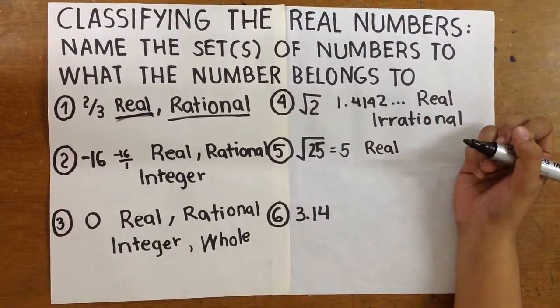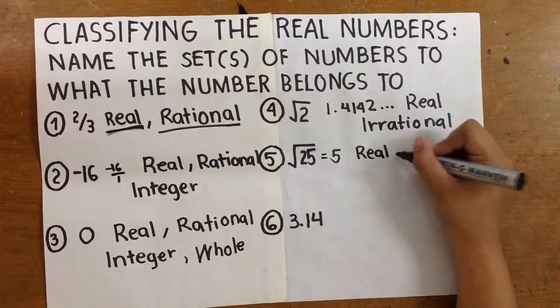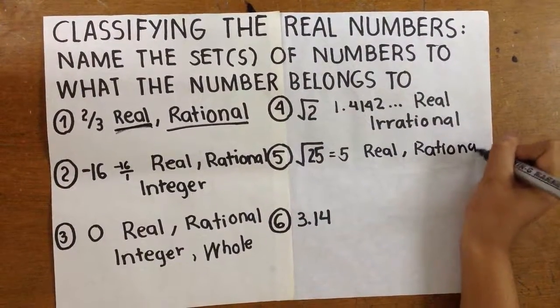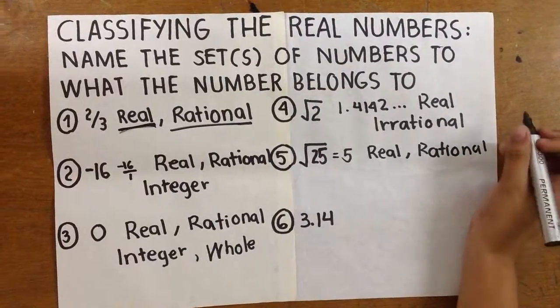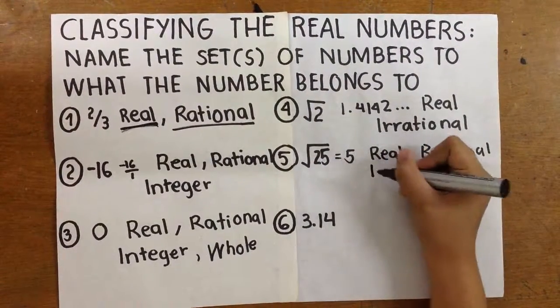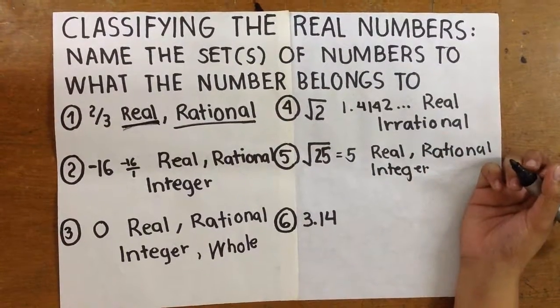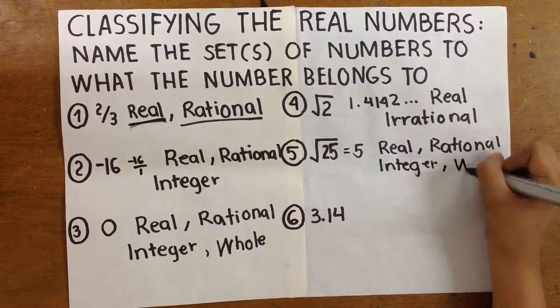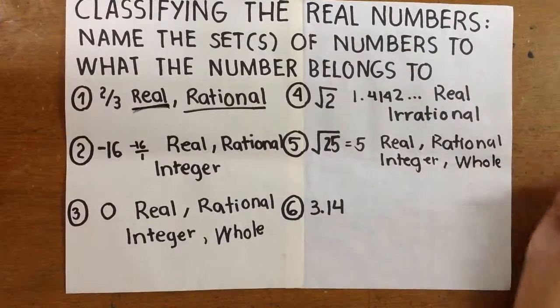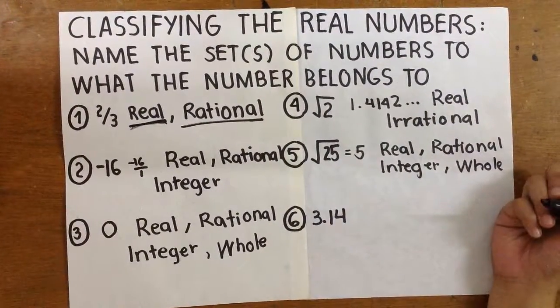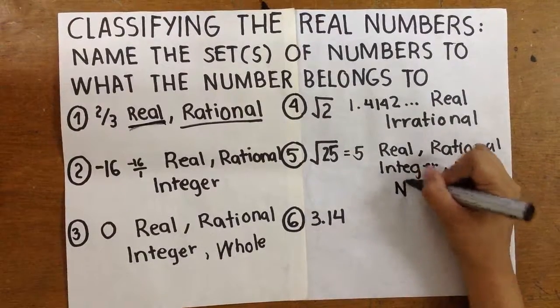It can be expressed as a fraction, so it is rational. It is also an integer. And it's part of the whole numbers. Is it a counting number? Well, yes. Then it is also natural.